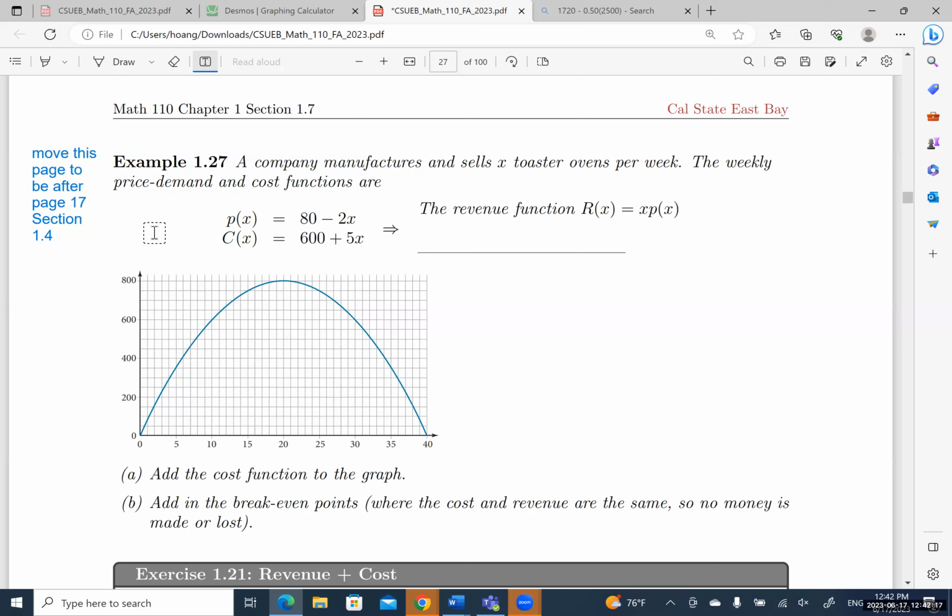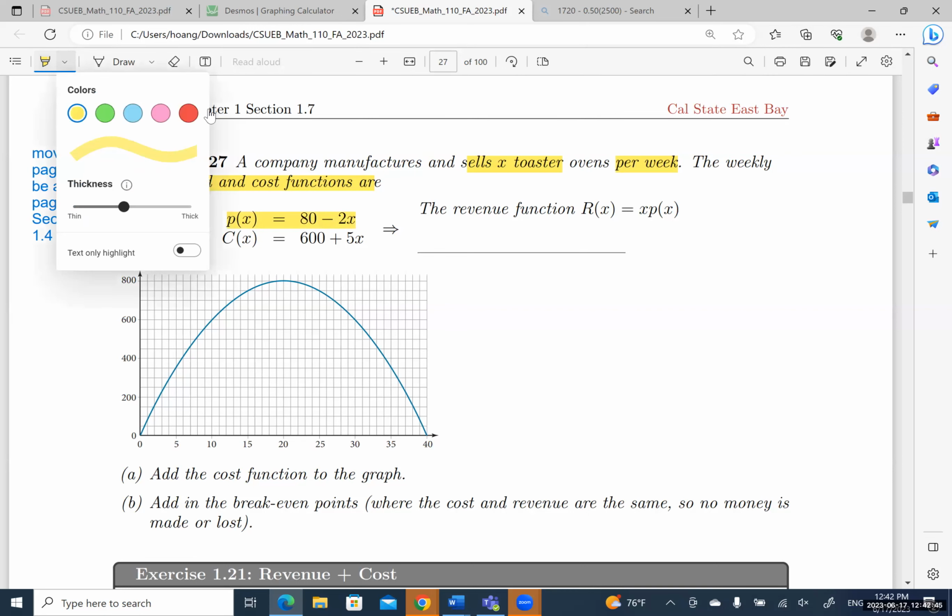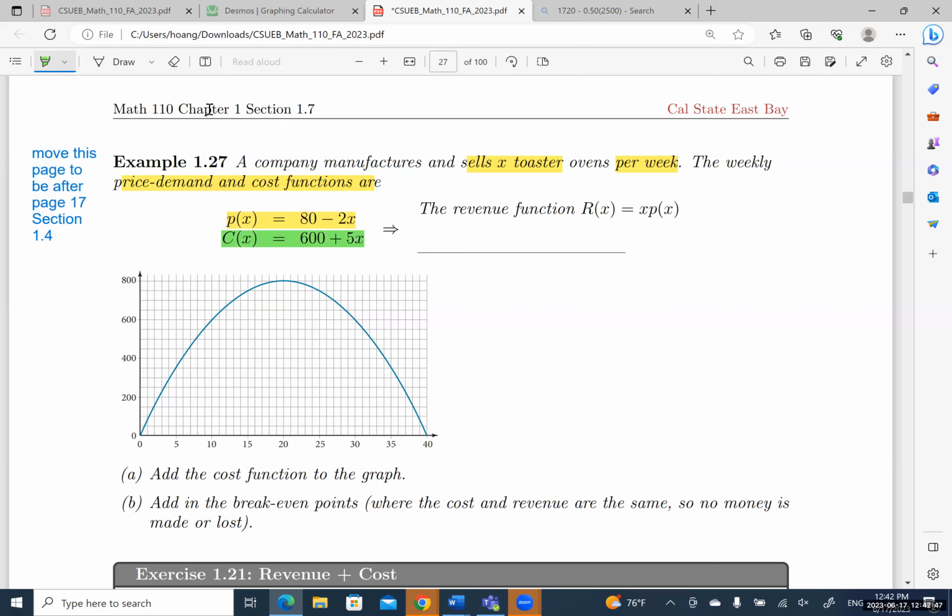Everyone knows that we have a company that manufactures and sells x toaster ovens per week, and the weekly price-demand and cost functions are given below: P of x equals 80 minus 2x, and the cost function is 600 plus 5x.